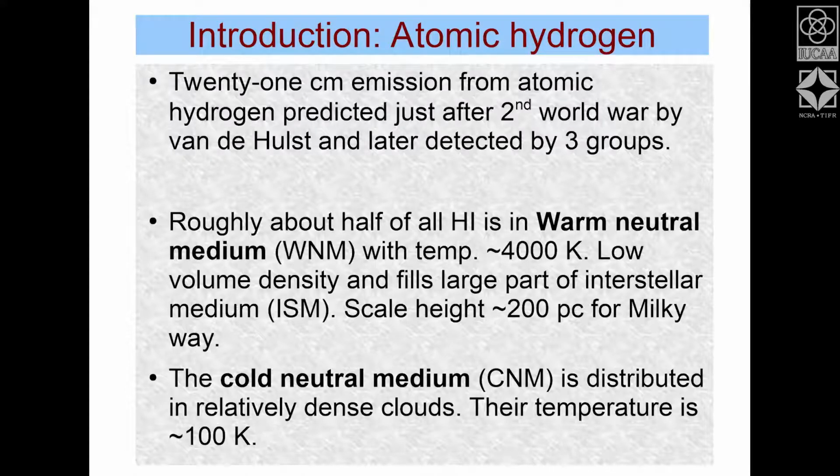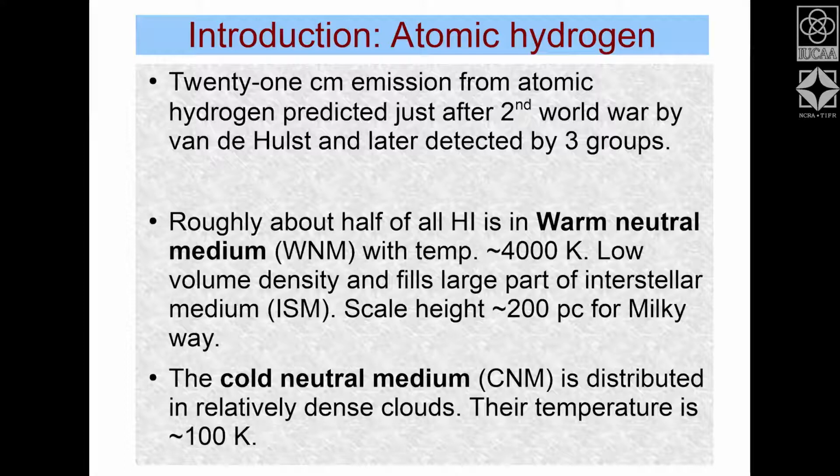But before that, let me also explain why we are talking of atomic hydrogen. Atomic hydrogen, in short, most astronomers call H1, which some of you may not know; even in my write-up, I have written H1.